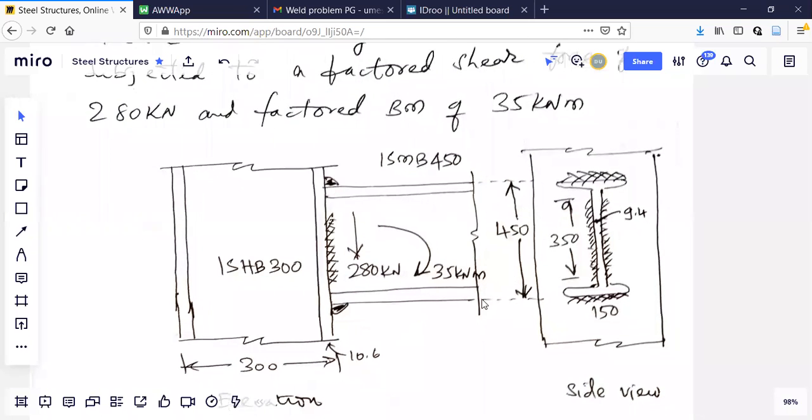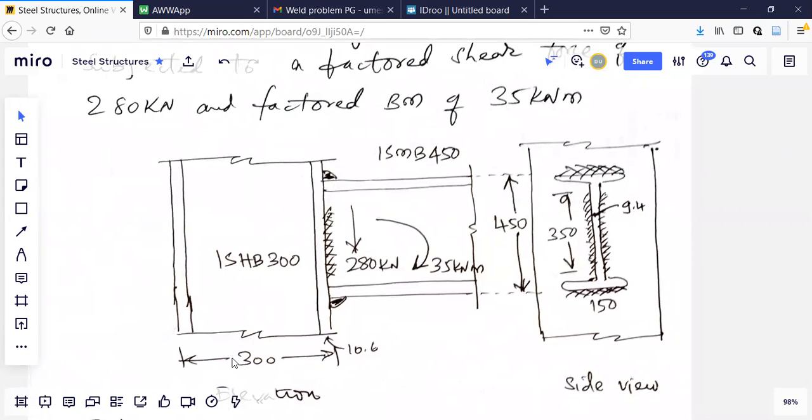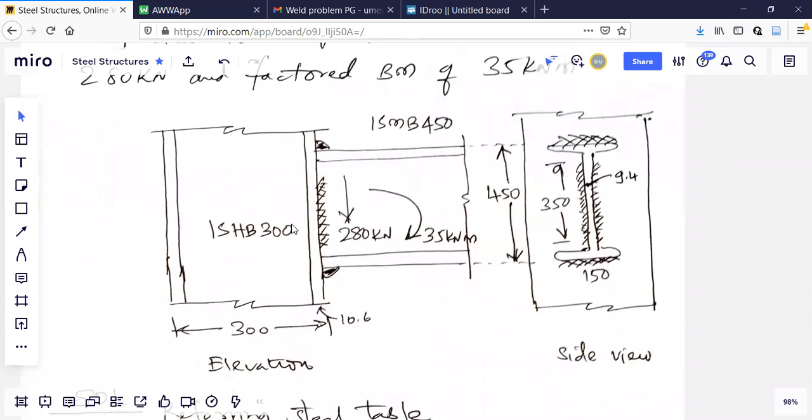You can see this is the elevation. This is the side view. They have given you the pattern in which the weld has to be applied. The I section you can see here is nothing but a beam connected to the flange of this column.